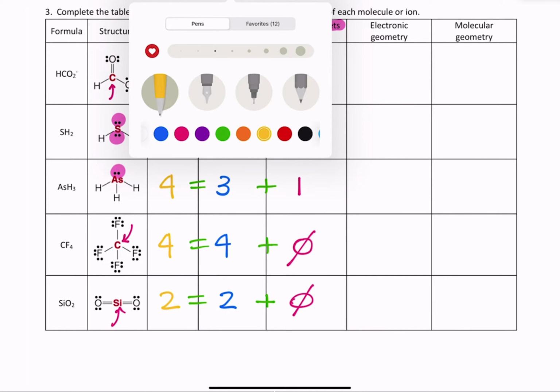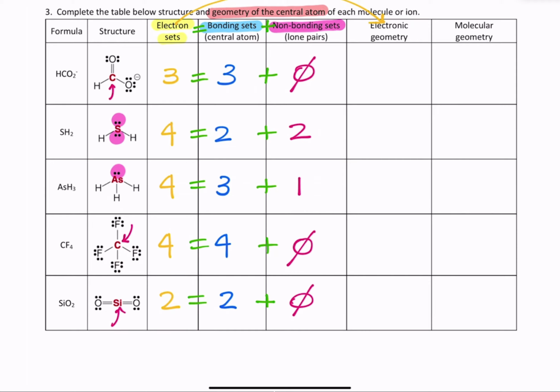We're going to use the number of electron sets to determine the electronic geometry. 3 electron sets, trigonal planar. 4 electron sets, tetrahedral. 4 electron sets, tetrahedral. 4 electron sets, tetrahedral. 2 electron sets, linear.